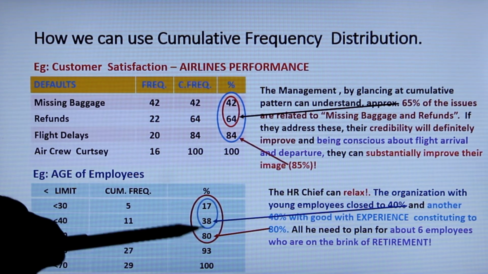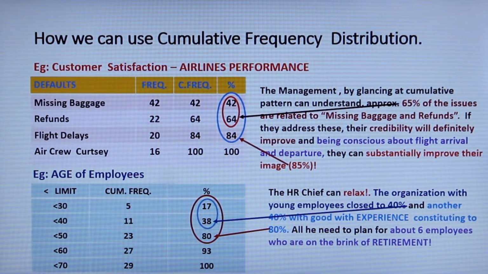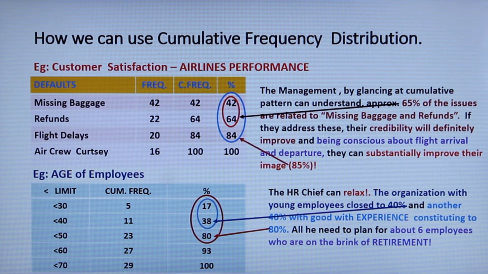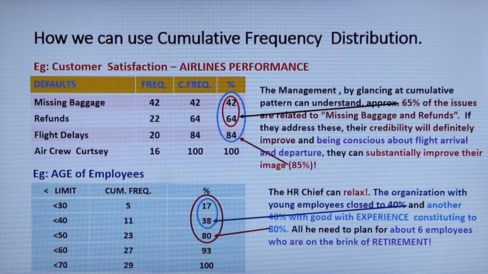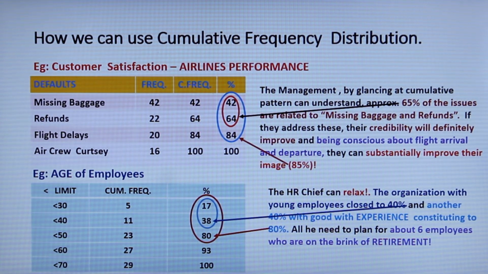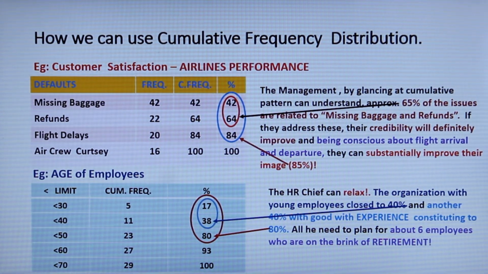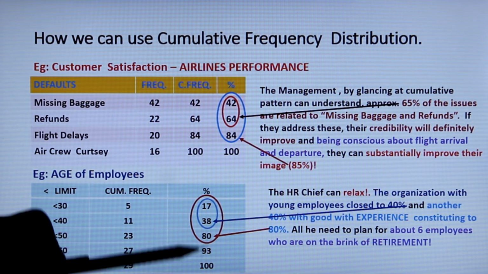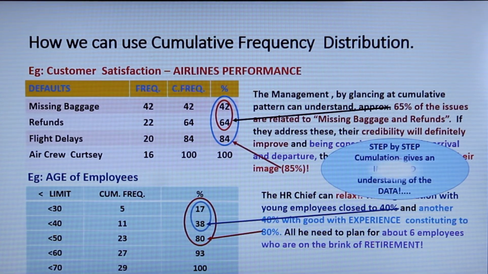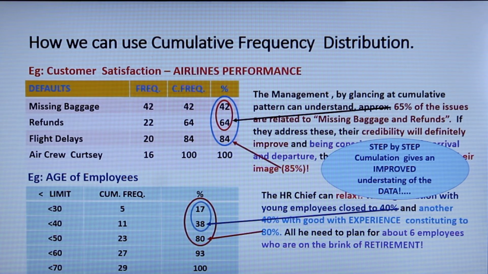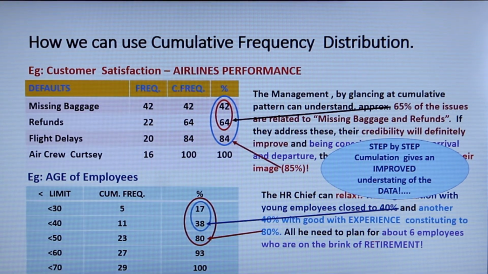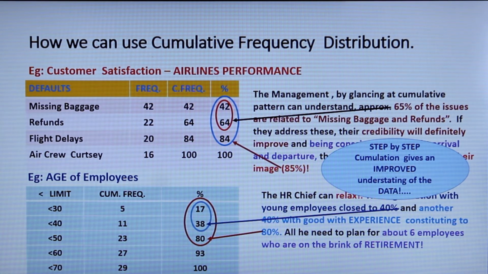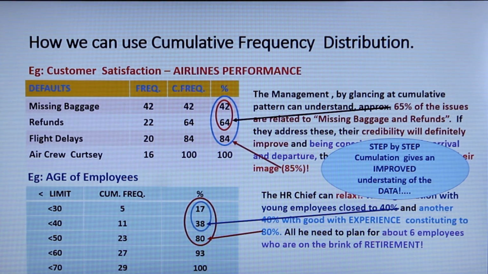That means you have more experienced people, and 80% of the employees are pretty good for the organization in terms of value addition. So the HR chief can relax about it. All he has to worry about are the few people who are going to retire shortly. So step by step accumulation gives improved understanding of the data. That is the information we get out of cumulative frequency distribution.